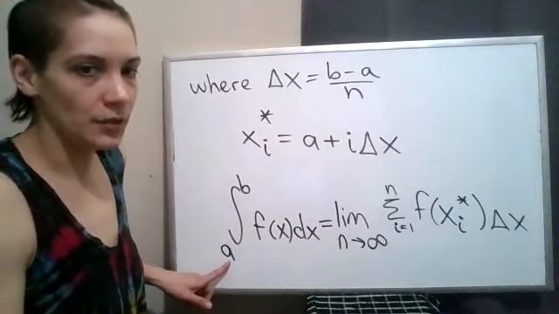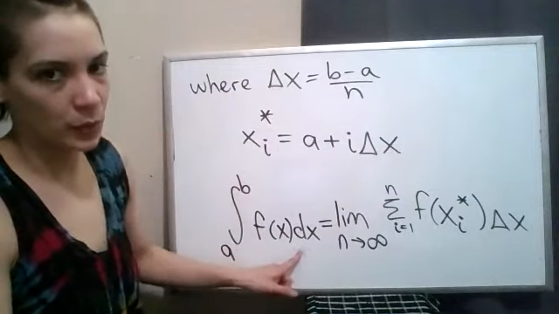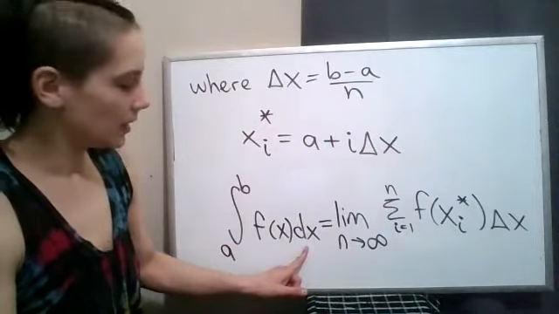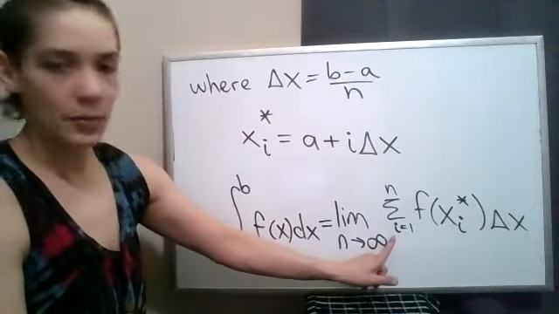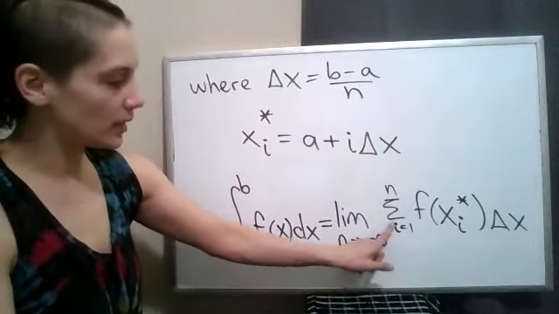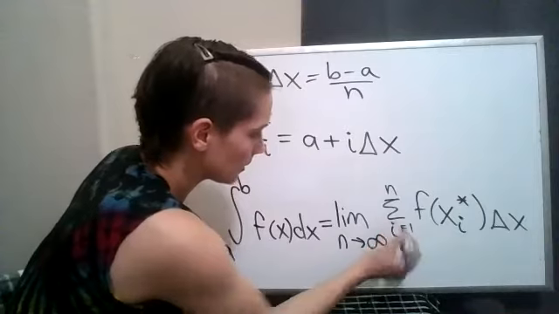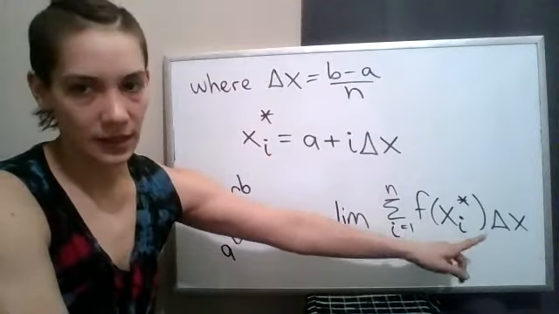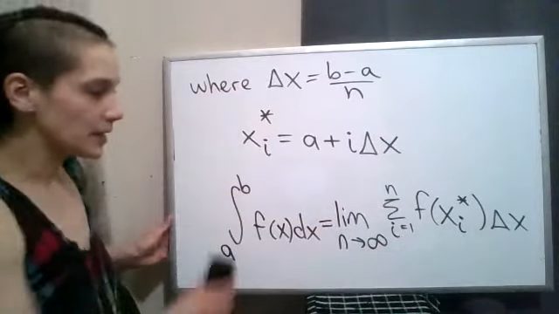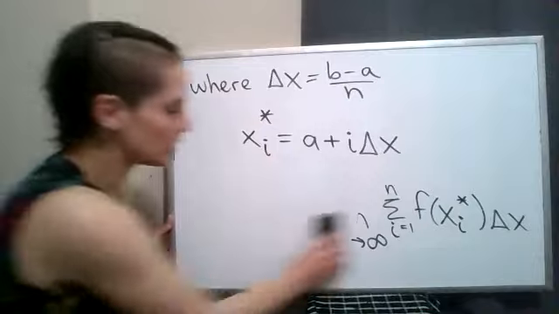Again, the integral from x equals a to x equals b of your function f of x with respect to x is the limit as n goes to infinity of the sum from i equals 1 up to n of f of x sub i star delta x. The x sub i stars are sample points, and we're talking about right-hand sample points.